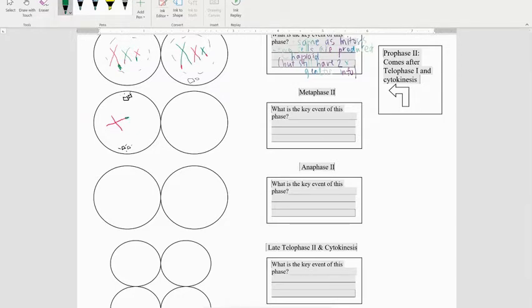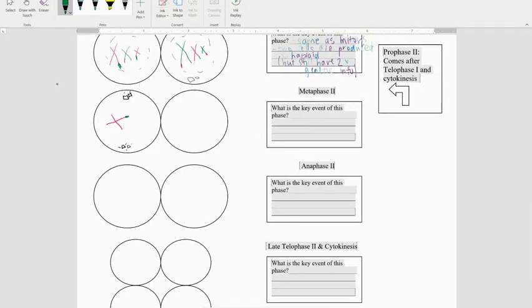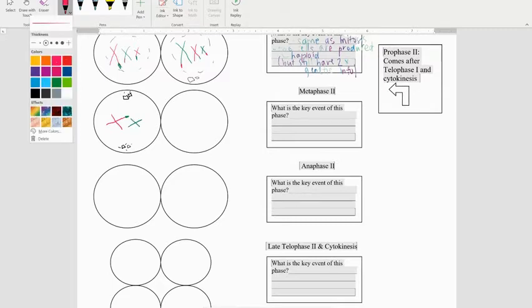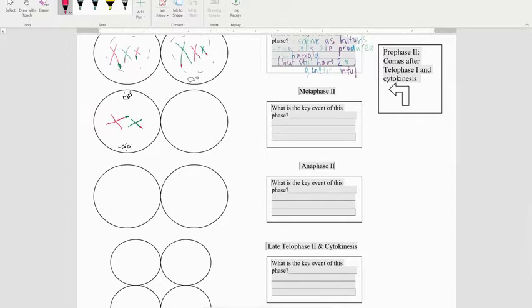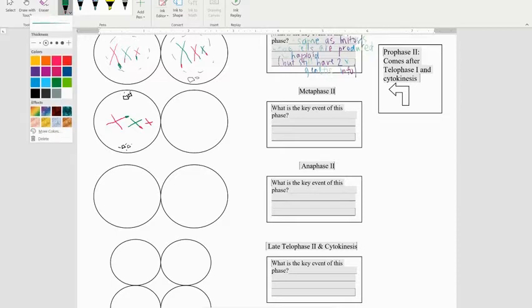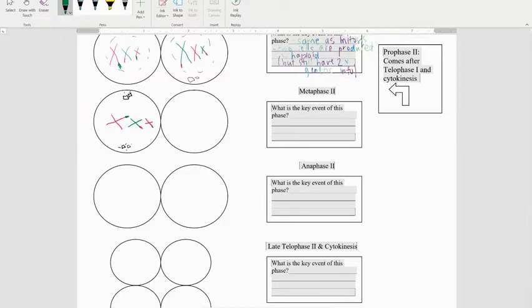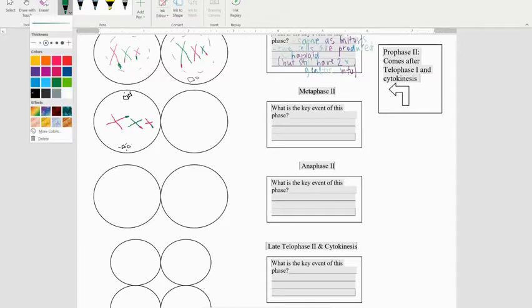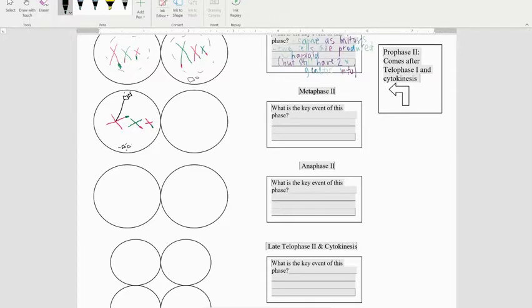Here's its little green end there. Then I'll draw the green one next to it, and then I have the little one. Then I'm going to draw in my spindle fibers attaching to each of those chromosomes. Sometimes you'll see it with some extra fibers in there. Okay, there's our first cell.